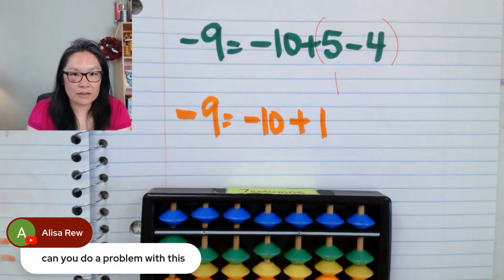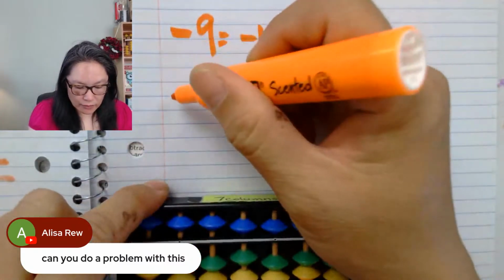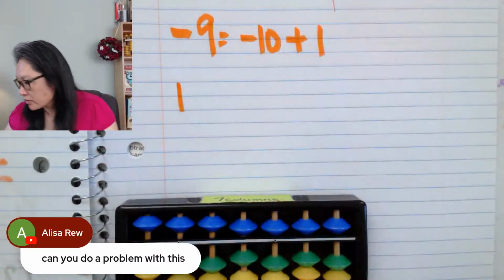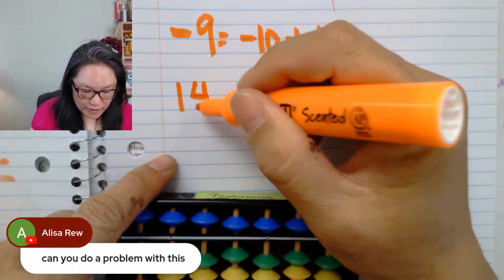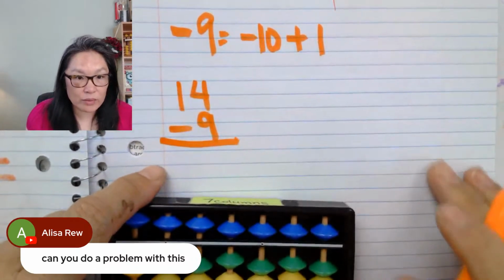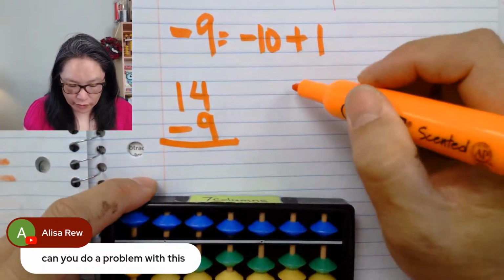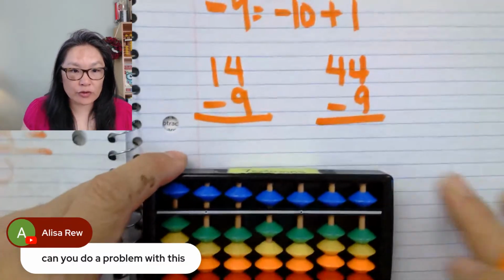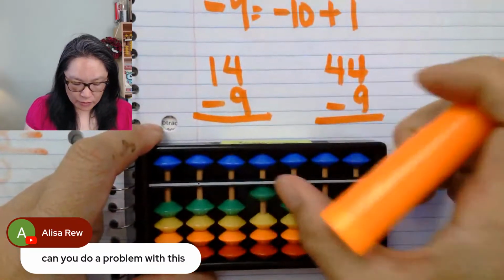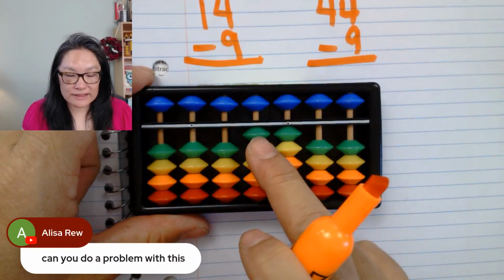Can you do a problem with this? Yeah, that's the same problem. So we do 14. 14 minus 9 is the only problem that we have. You could do 24. You could do 44. You know what? We'll do 44. You'll see. We'll do 14 first. Same thing.